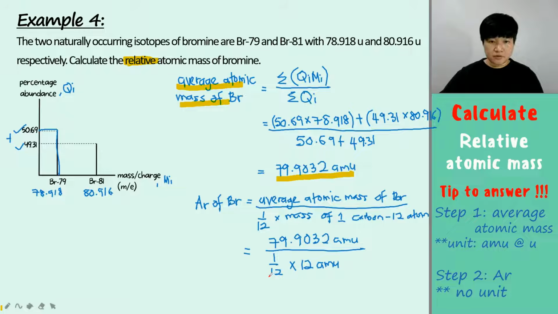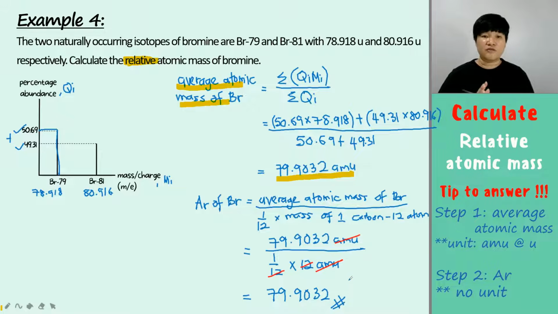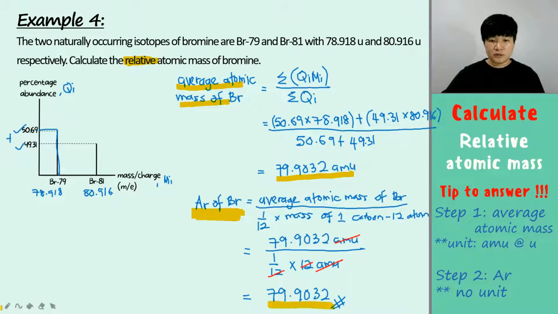Solve the mathematics: 1 over 12 times 12, AMU divided by AMU. Therefore, the relative atomic mass of bromine calculated is 79.9032 without unit. And that is how you cancel off the unit. That is what I mean by the relative atomic mass being equal to the average atomic mass but without unit. Okay? Simple.